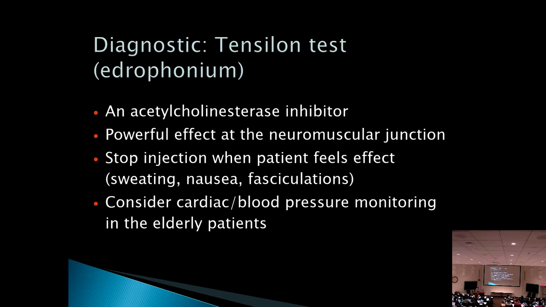And so you have to do cardiac monitoring, and there is some potential risk of doing the Tensilon test. So I would say most neurologists, I was at a meeting recently and they asked who's done a Tensilon test in the last 5 years, and I think 3 hands went up in a big audience. You still need to know about it because, I don't know, it'll still show up on boards.